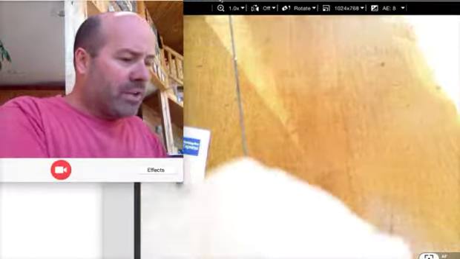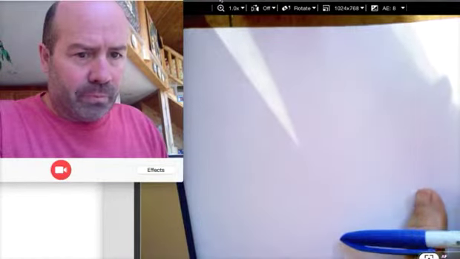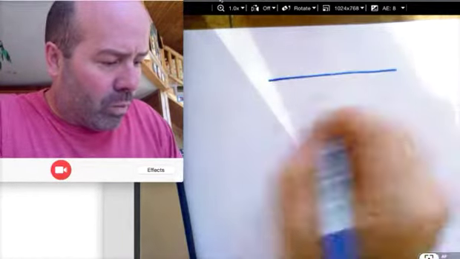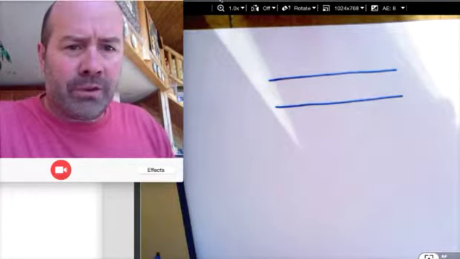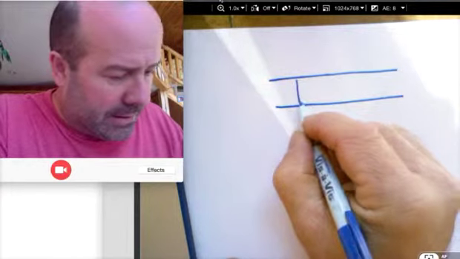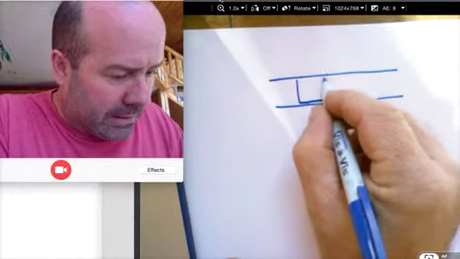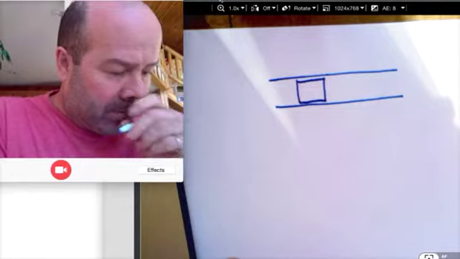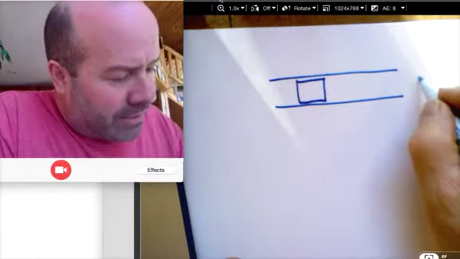Let's talk about what mass flow rate is quickly. So I've got some water flowing in a pipe. Let's let this pipe have a diameter of d.